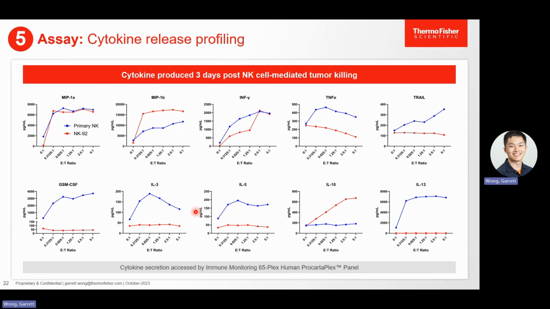This would mean that many of these cytokines would stop being produced, and some of these could also degrade over time, as some of these have pretty short half-lives, which could explain some of the discrepancies that we're seeing here, where the NK92s have much higher amounts of some of these cytokines.